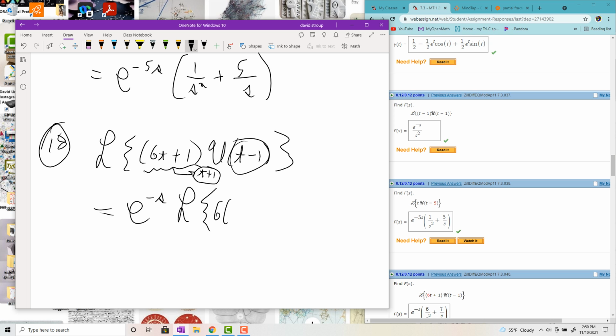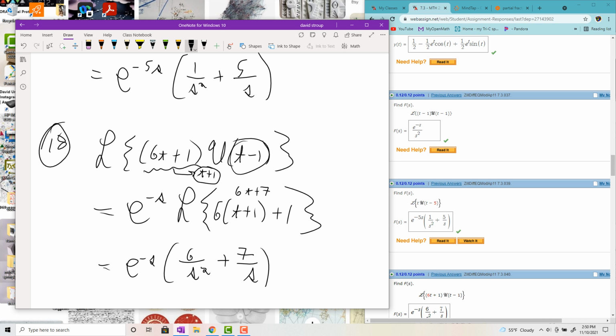So you have 6 times t plus 1 plus 1. That'll be e to the negative s times 6 all over s squared. I'm doing some in my head: 6t plus 6 plus 1 is 6t plus 7, and then plus 7 over s.